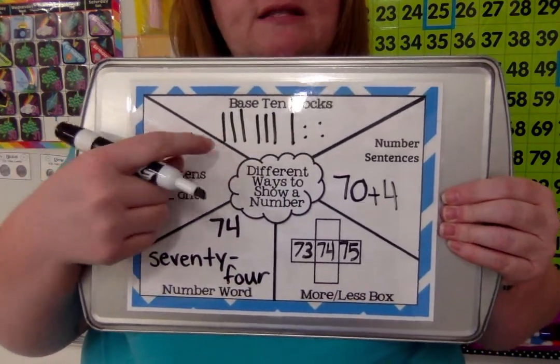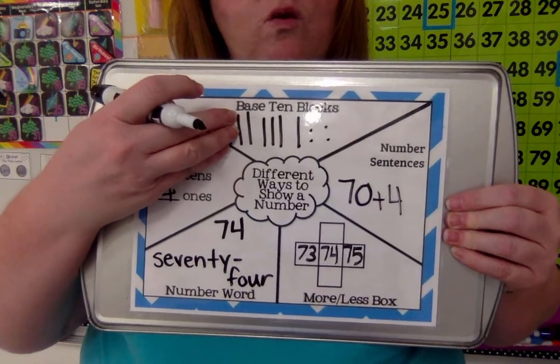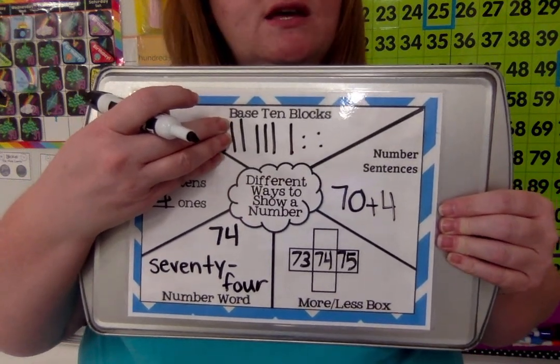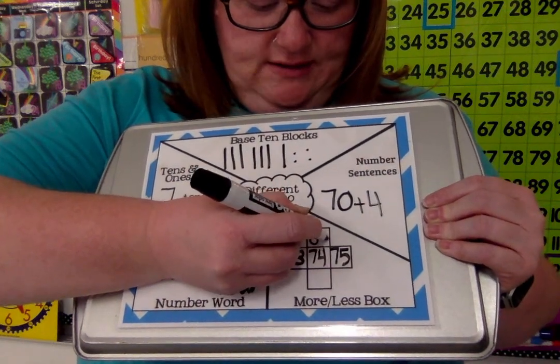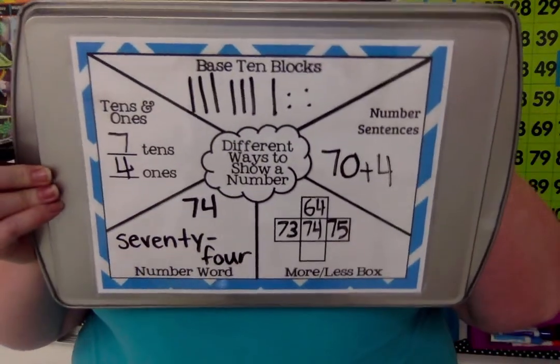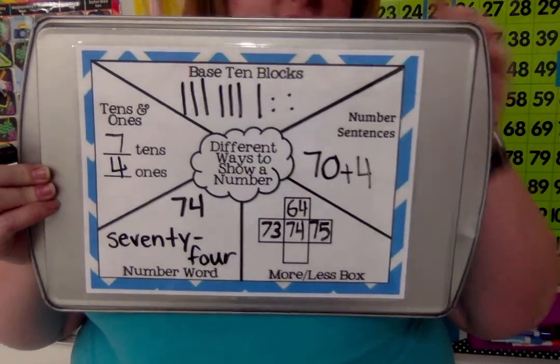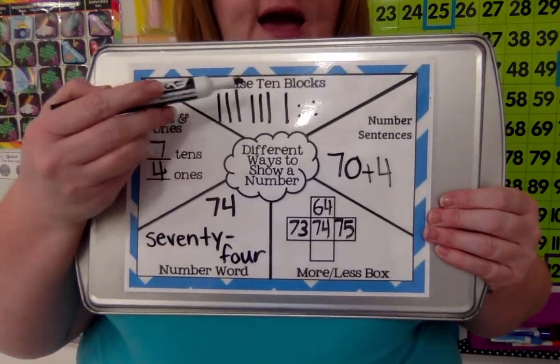Now if I think about my tens, if I take away a 10, then I have 6 tens. I still have my 4 ones, so 10 less is my 64.